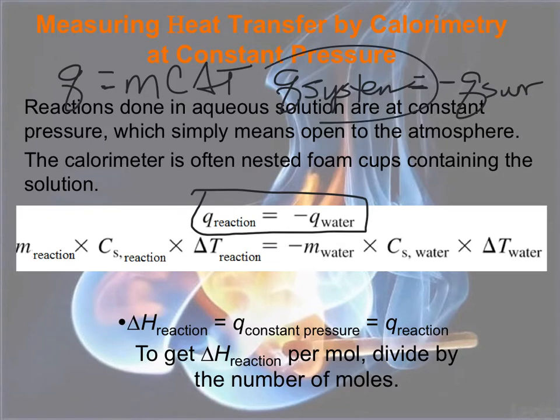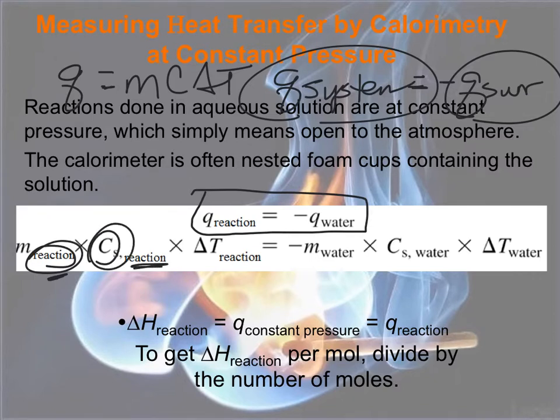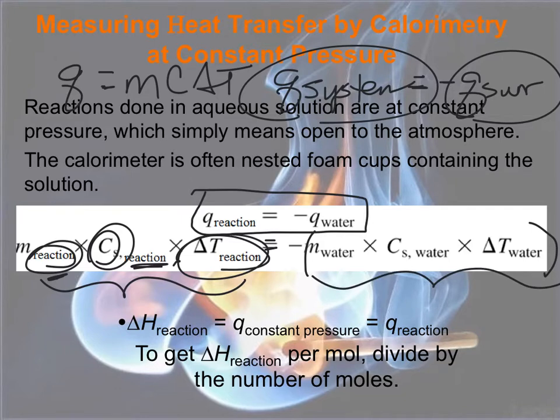So if I go ahead and plug in MC delta T for both the system and the surroundings, I get what's shown down here. So that's mass of the system, whatever that happens to be, specific heat capacity of the system, assuming we're talking about a chemical reaction, times temperature change of the system, equals, and now you've got to put a minus sign in front of the other side of the equation, because remember that MCAT values are going to be equal in magnitude but opposite in sign.